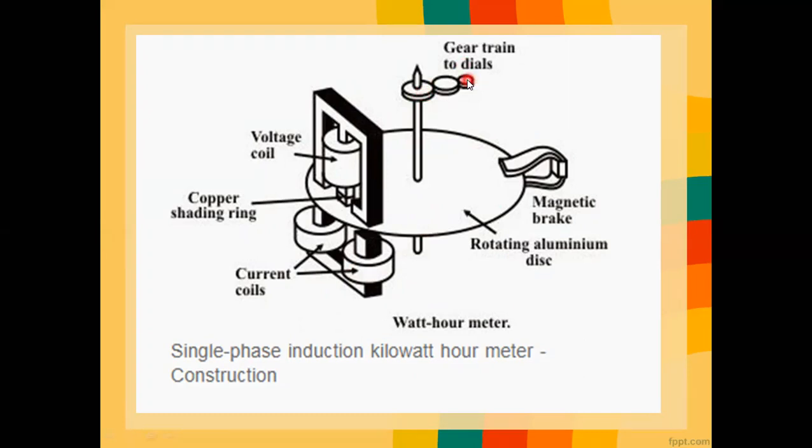Maybe the recording system may be a worm wheel, or we can have a dial window type of recording display system. Hope this was a very good recap on the construction of single phase energy meter.